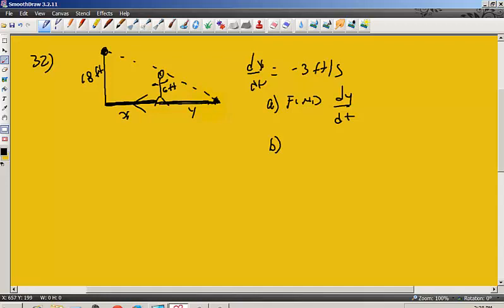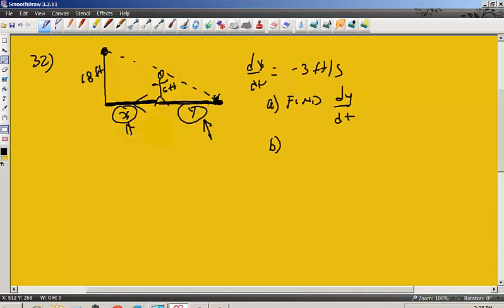Now this tip is influenced by two things: the shadow is shrinking, and that distance is shrinking. How fast it moves depends on the shrinkage of the shadow and how fast you're moving, not just the shadow itself.